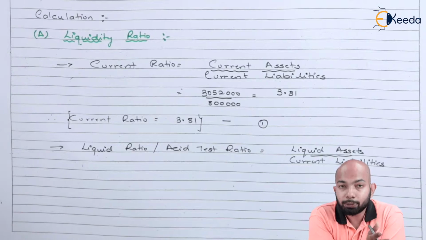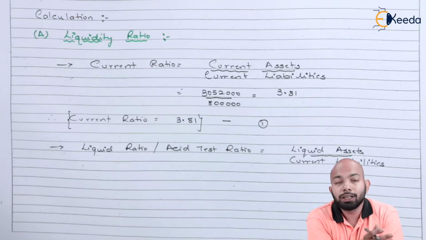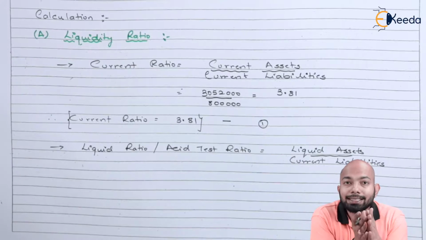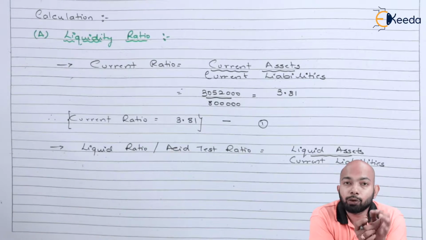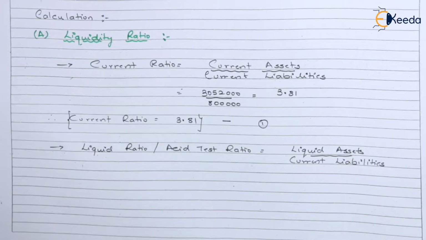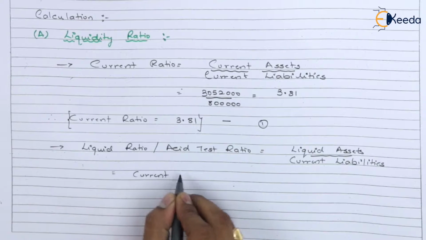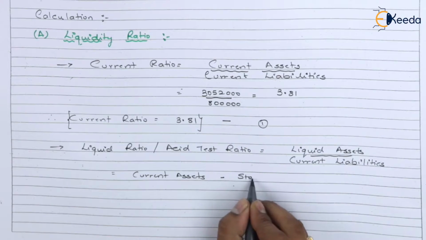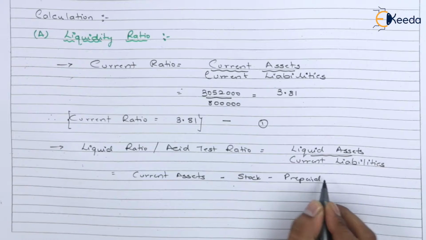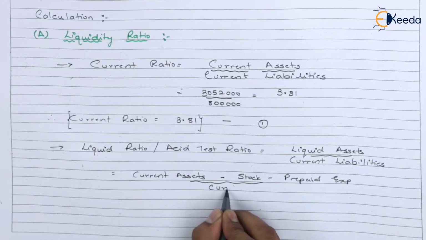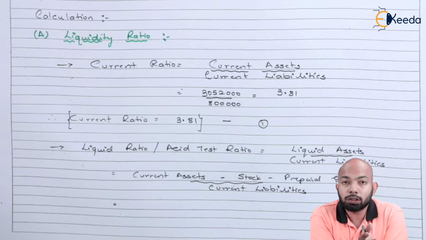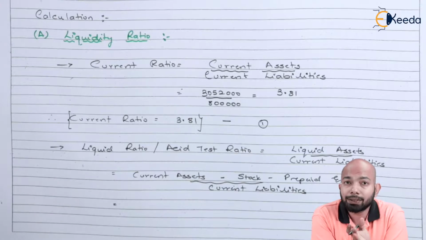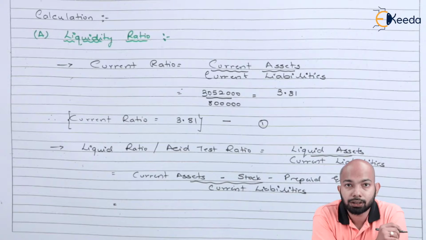The next ratio, that is the liquid ratio, also known as the acid test ratio, can be figured out with the formula liquid assets upon current liabilities. Liquid assets will have only cash or near-cash items. So from current assets, the total, that is 30,52,000, we will take out the stock amount and the prepaid expense amount as mentioned in the balance sheet here.